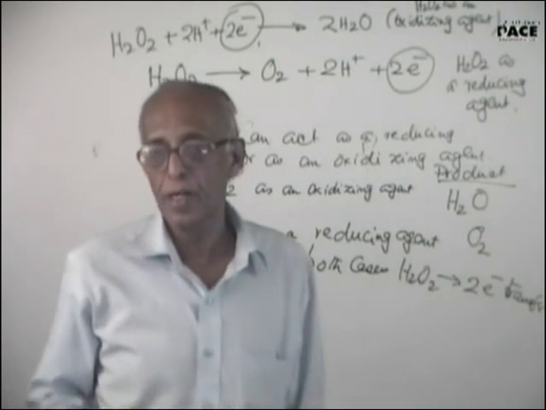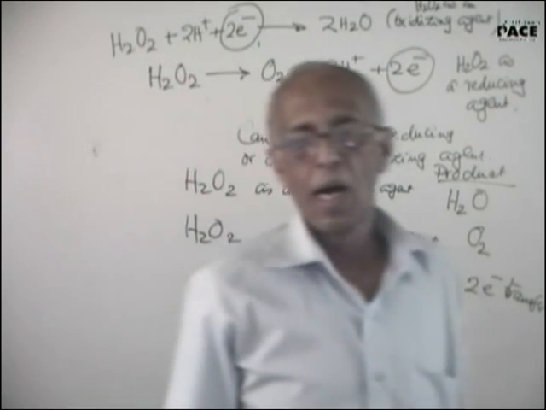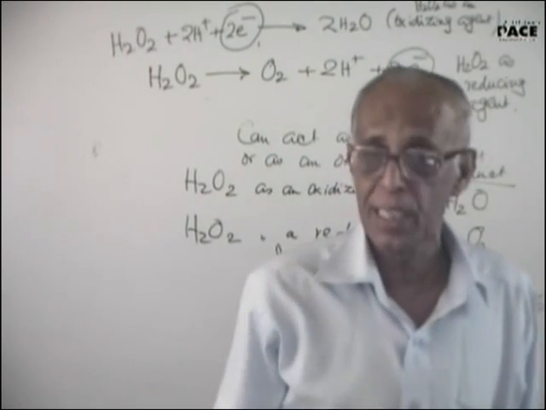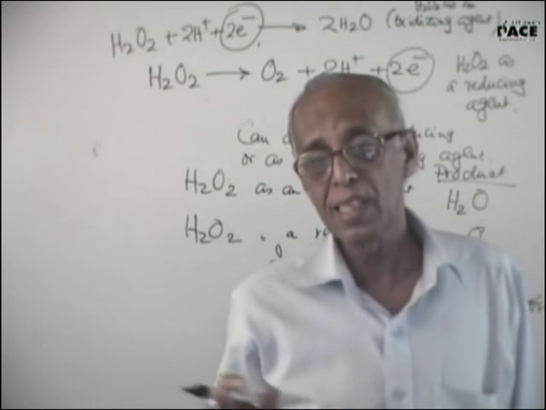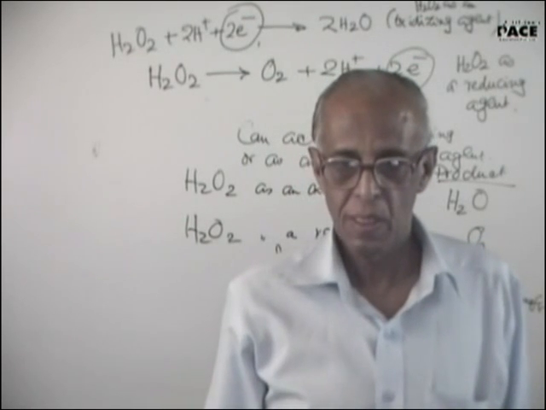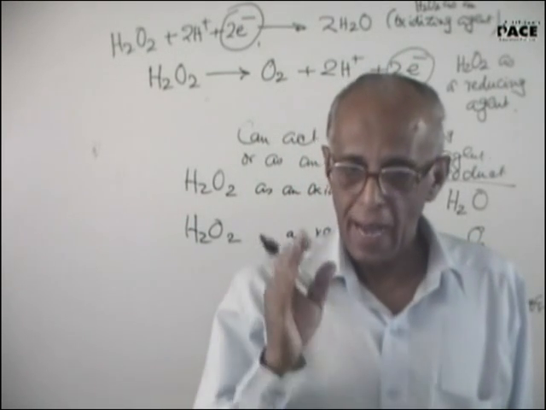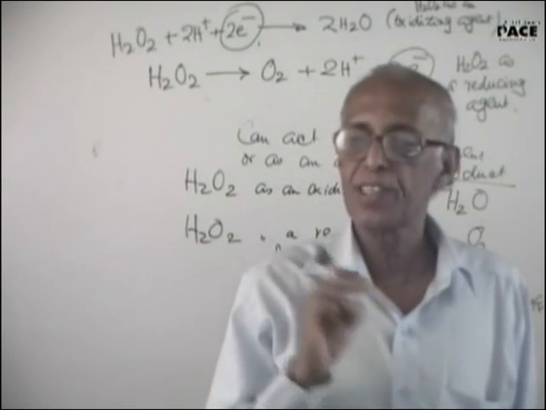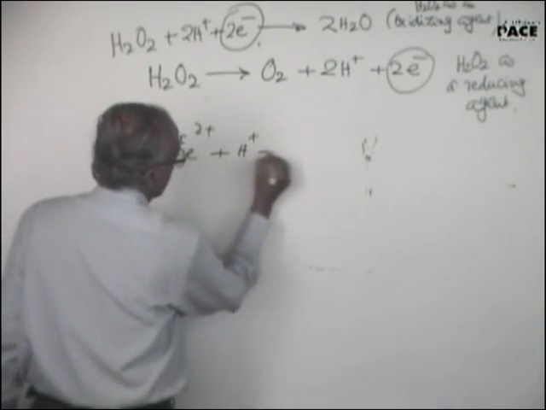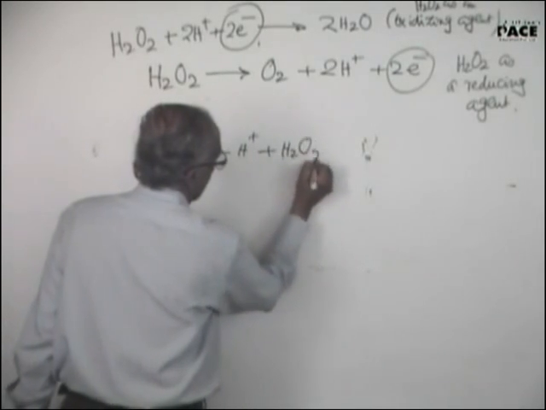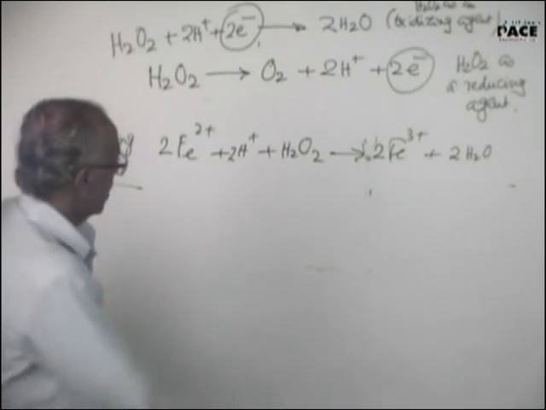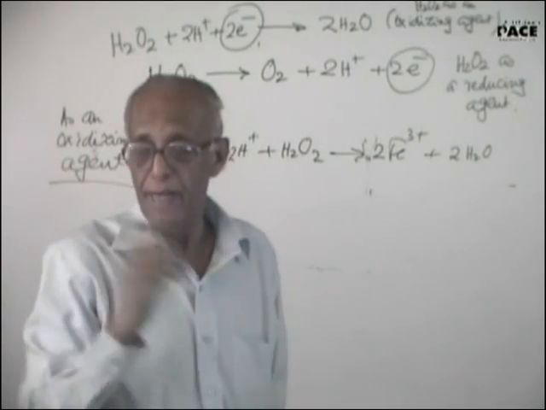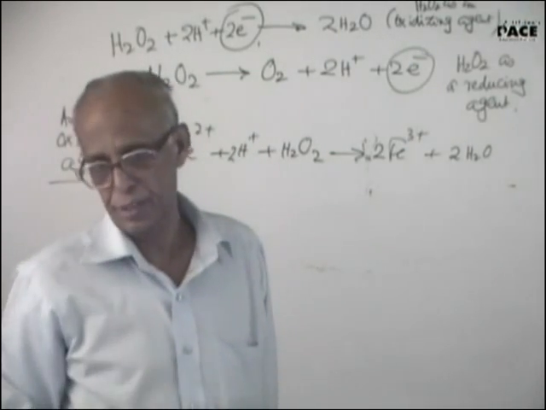Hydrogen peroxide can function either as oxidizing or as reducing agent, both in acid as well as in alkaline medium. In alkaline medium, the reaction is faster than in acid medium. Because hydrogen peroxide is a 2 electron change, ferrous to ferric is a 1 electron change.